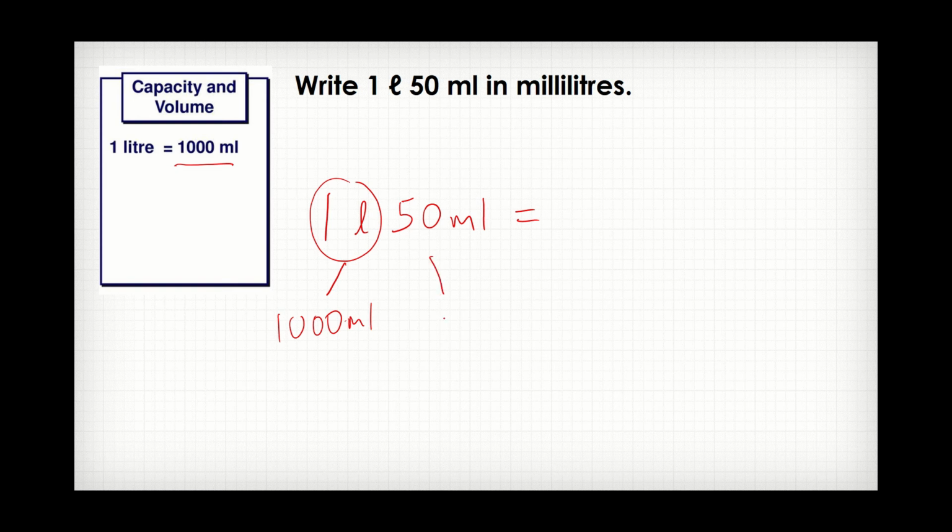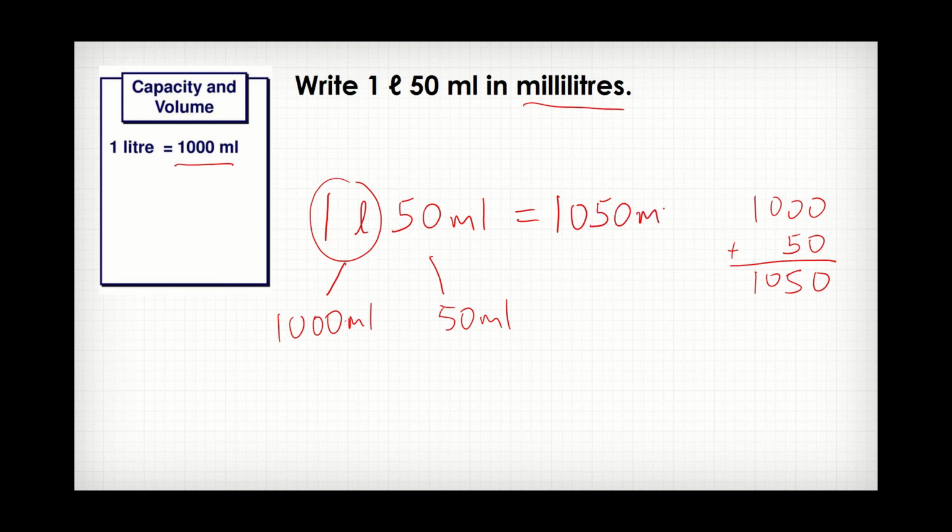And of course, 50 milliliters remains as 50 milliliters because we want the answer in milliliters. So let's add them up. What is 1000 plus 50? Answer: 1050 milliliters.